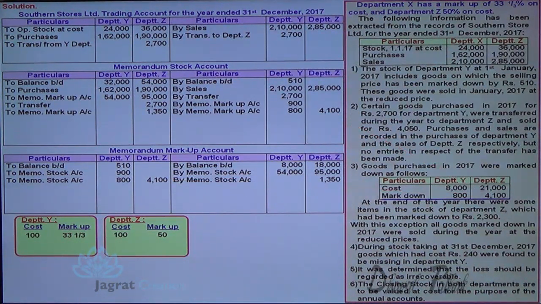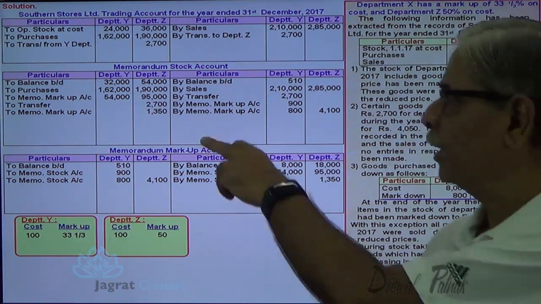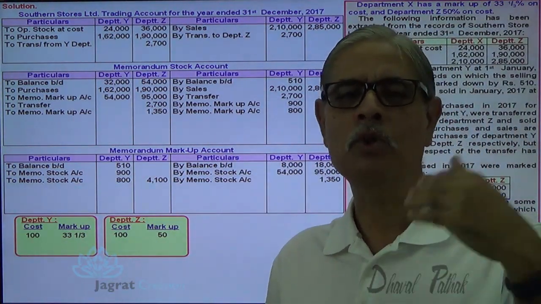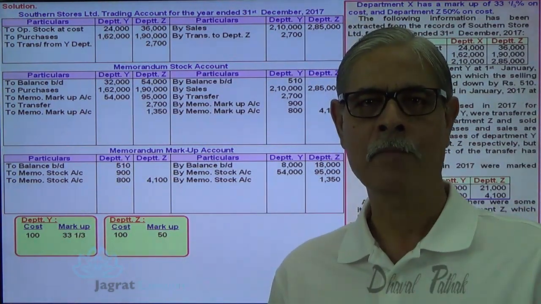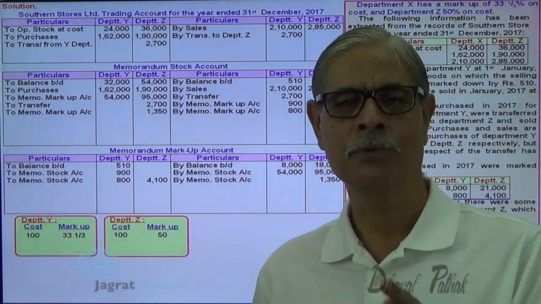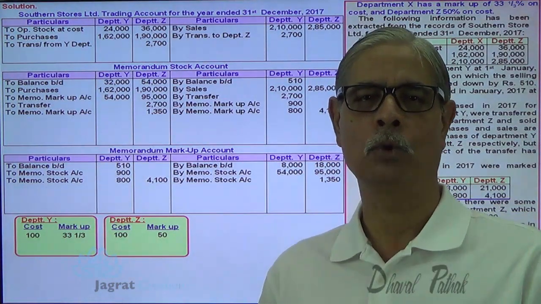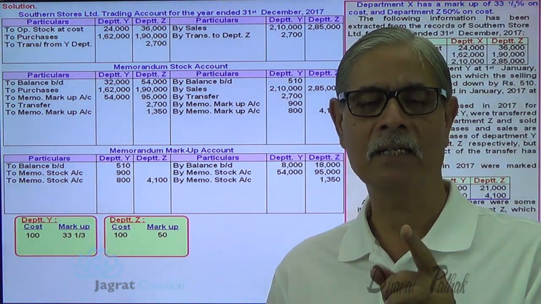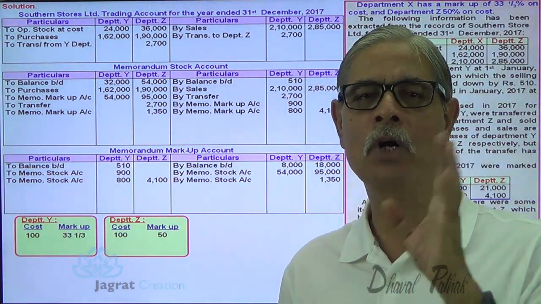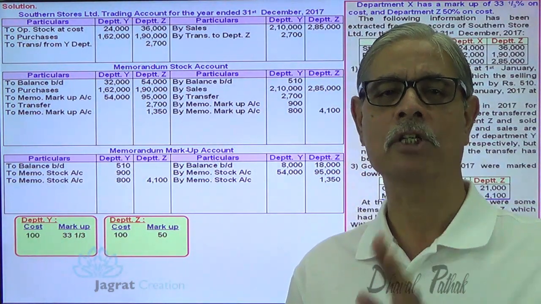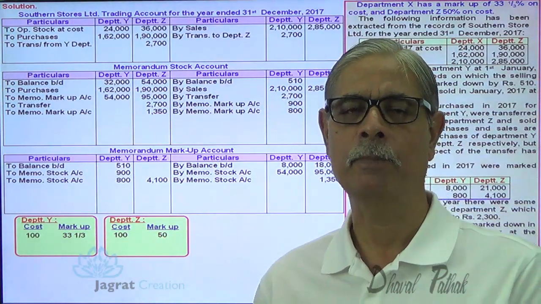Now, the most important is the last adjustment. After markdown, if the goods are sold, fine. The profit is earned at a markdown value. But after markdown, if the goods are unsold at the end of the year, for that you are required to write the adjustment entry. And that I want to explain to you now.